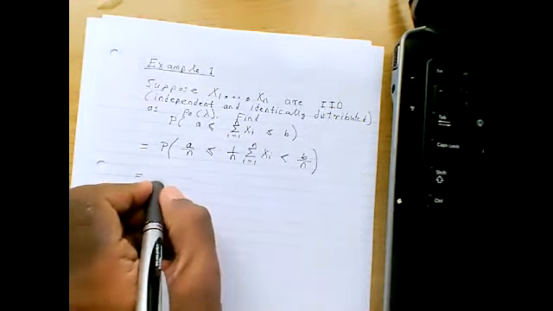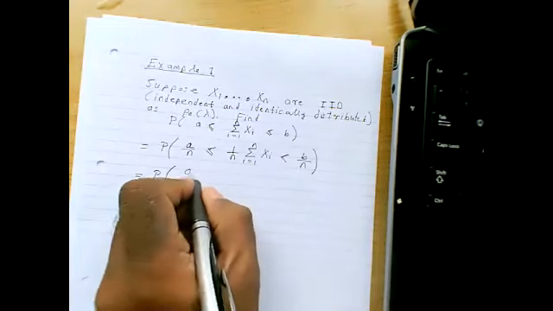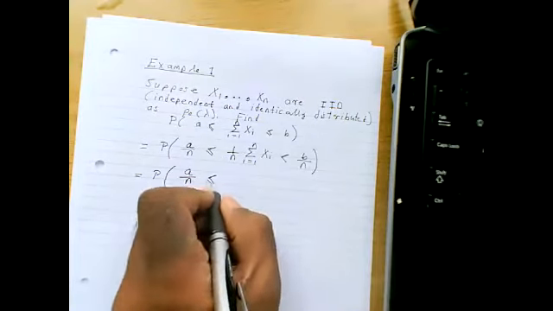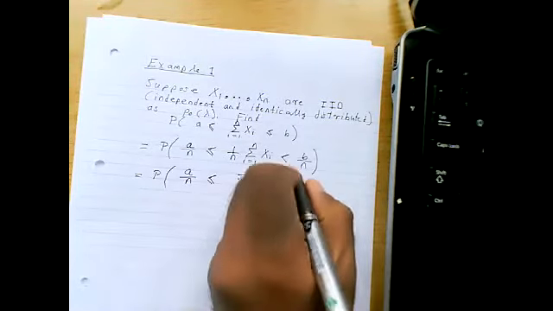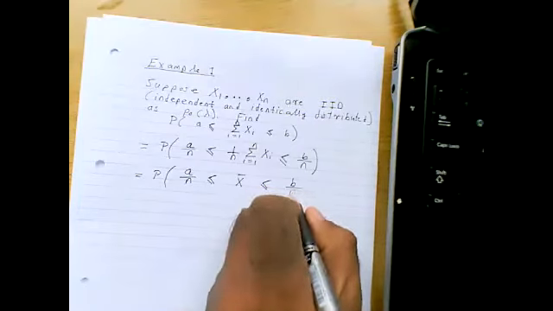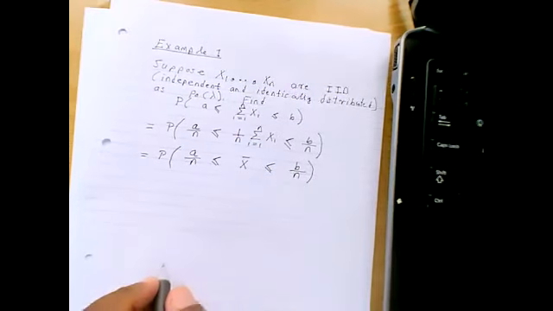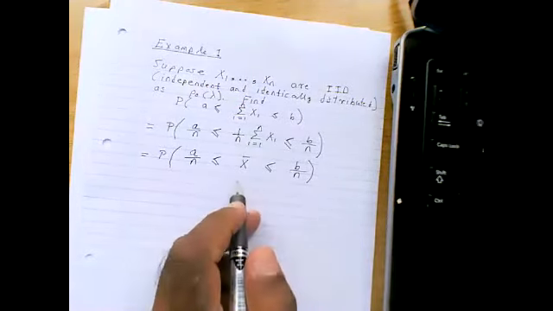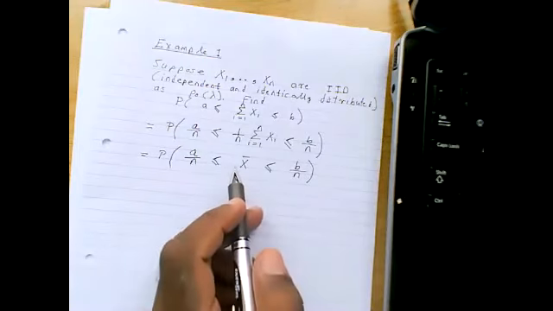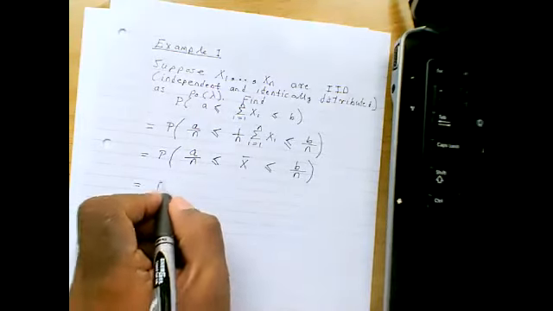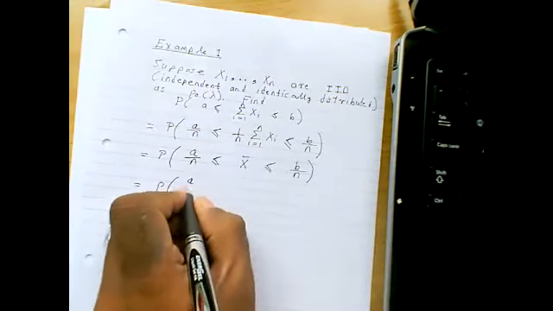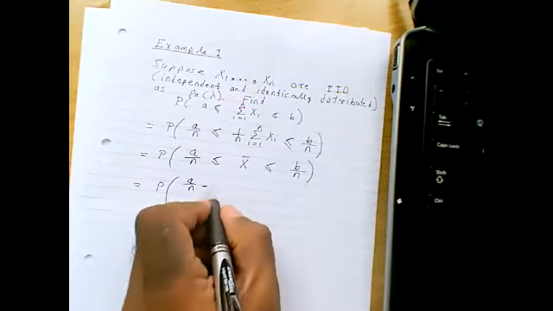Now, this here is the sample mean, right? And then what I'm going to do now is use the central limit theorem. In order to use the central limit theorem, I need to, okay, let me do it slowly.